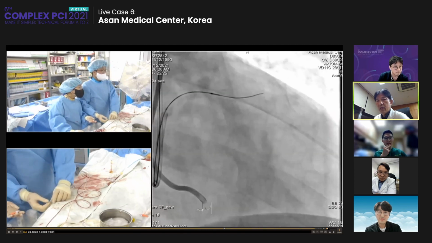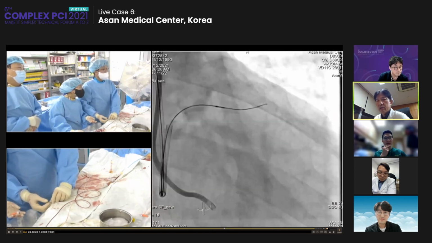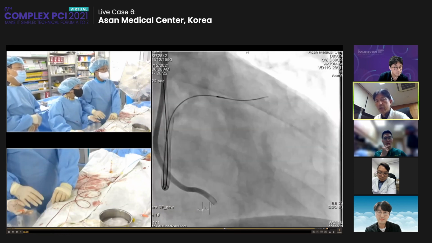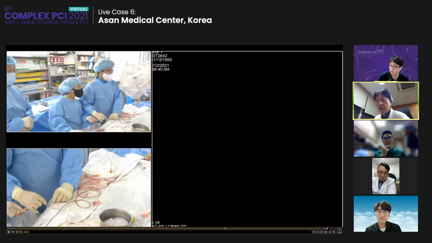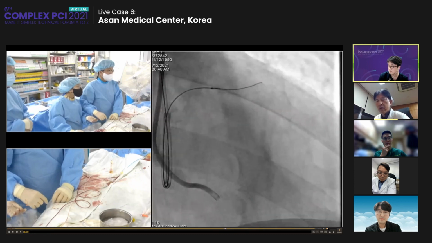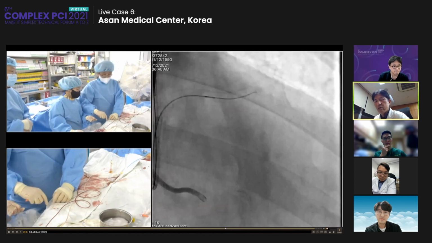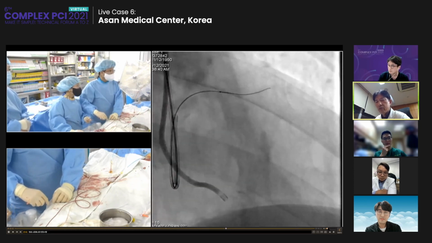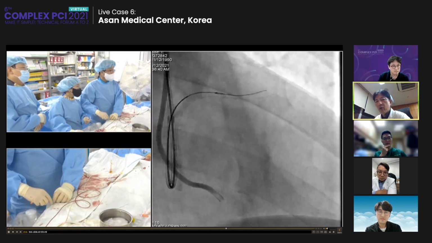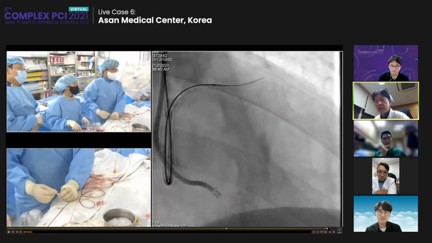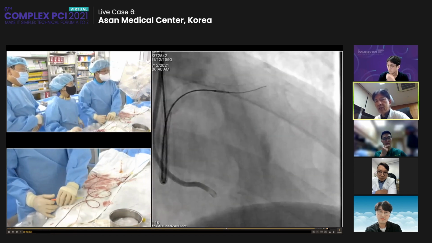In this case, this is an areocranial view, a very good view of the target of the true lumen, because it's just about 1 millimeter below the first wire. We can see the target very clearly.